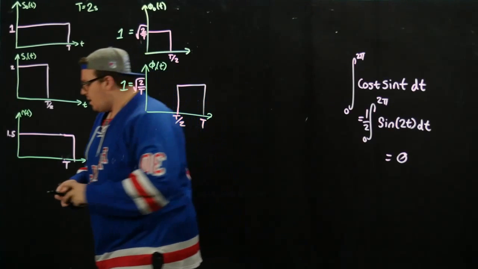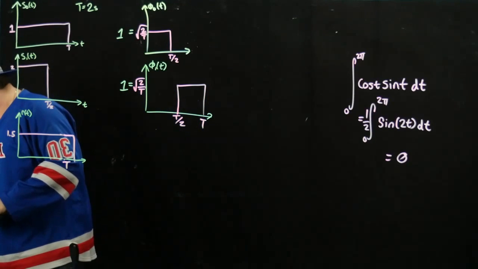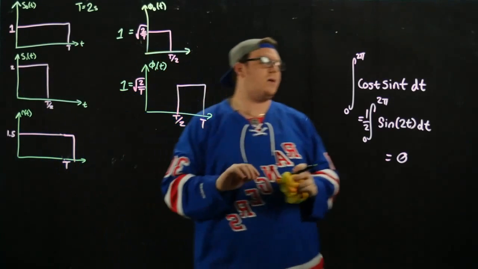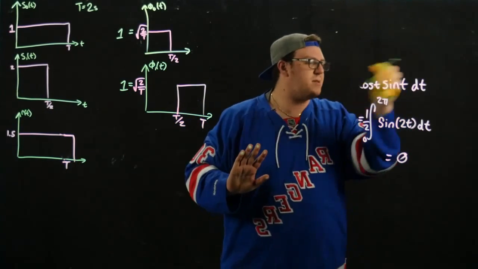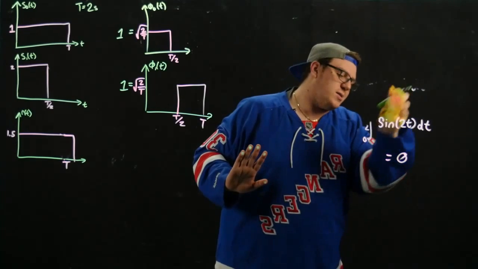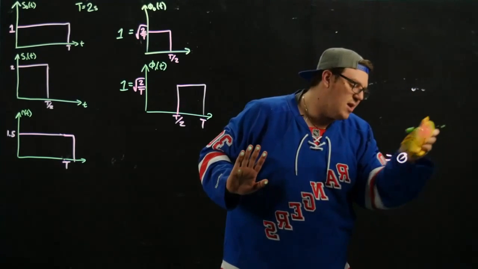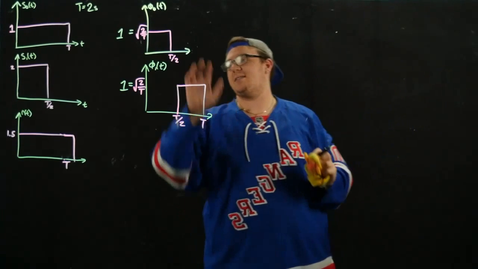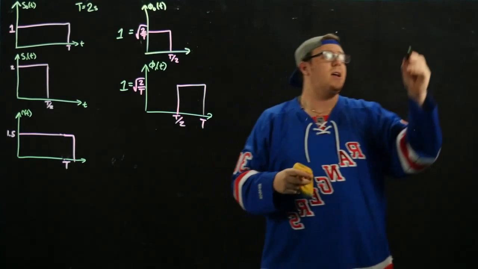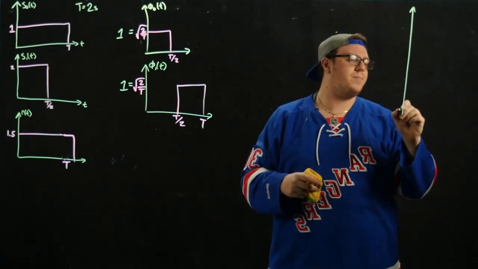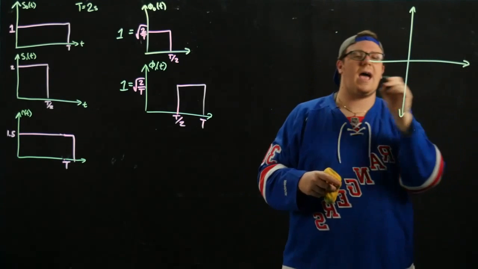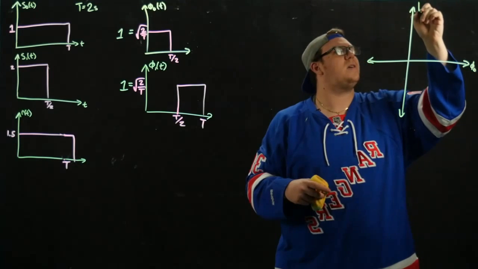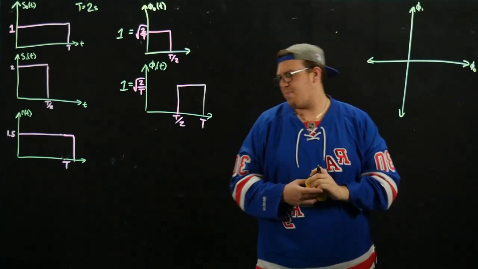So the next thing we have to do is express our base signals, S0 and S1, in our signal space. So we're going to redraw our signal space over here. So the signal space, because we have two basis vectors or basis signals here, is going to look like R2. So you're just going to have two coordinate axes. So this will be the phi 0 axis, and this will be the phi 1 axis.